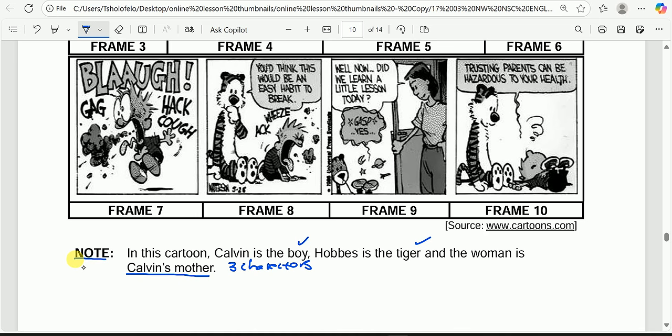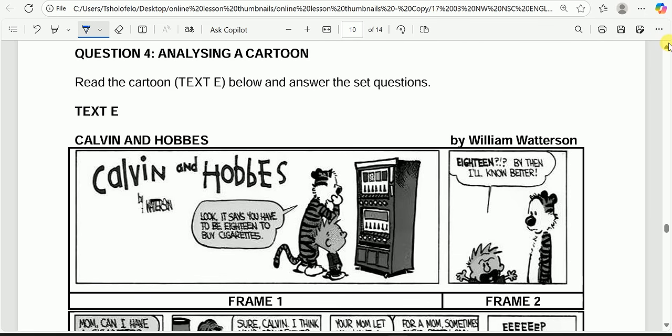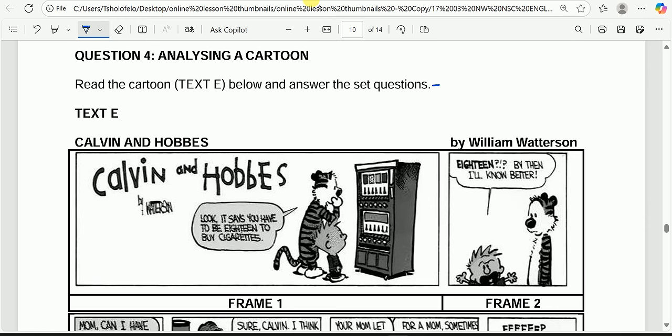And then we must know the relationship between the characters. It's Calvin and Calvin's mother, and we've got Hobbes as the tiger. Then we go to the cartoons. We've got frame 1 up until frame 10. Your responsibility, therefore, is to understand the storyline and establish whether it is a humorous cartoon or a serious cartoon.